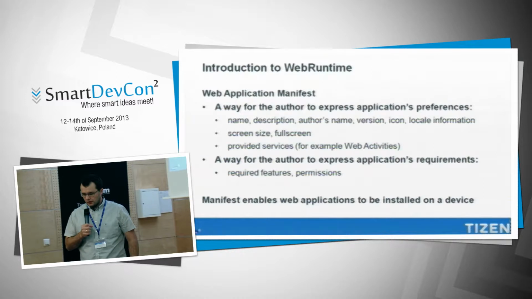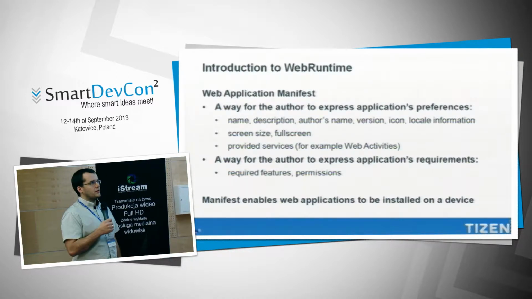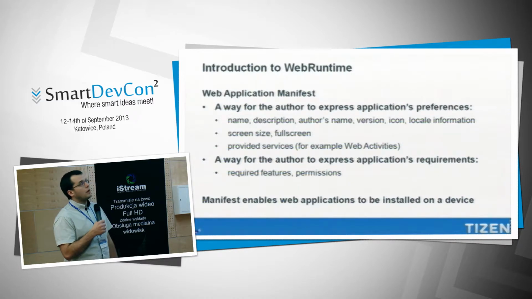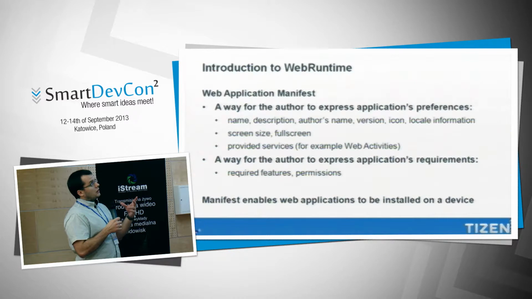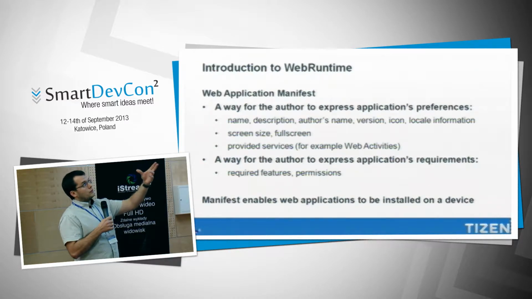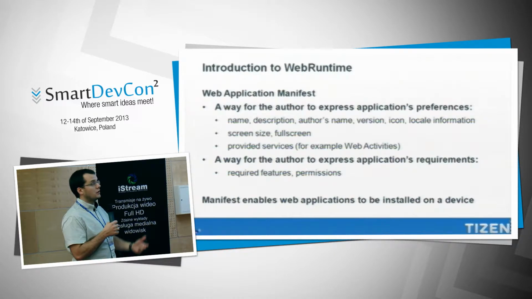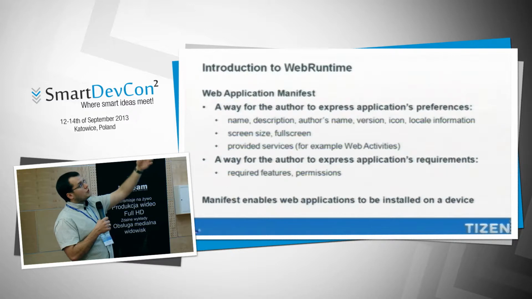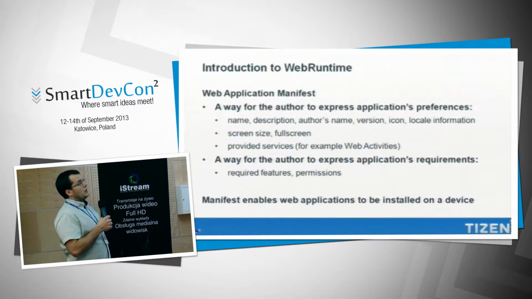One of the important things about web applications for web runtimes is that they contain a web application manifest. It's a separate file that allows the author of the application to express preferences and requirements of the application. For example, application name, description, author's name, screen size, the services that the application provides.